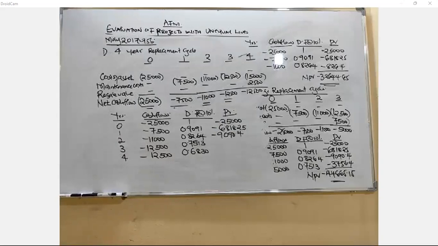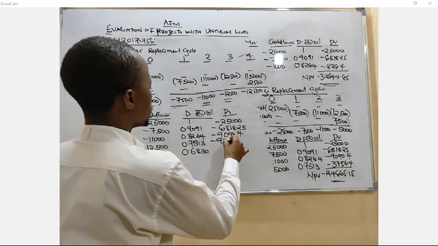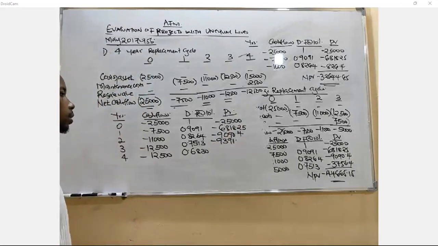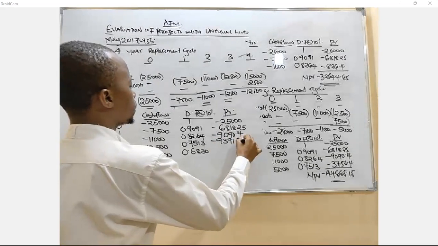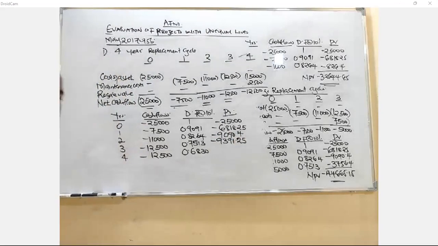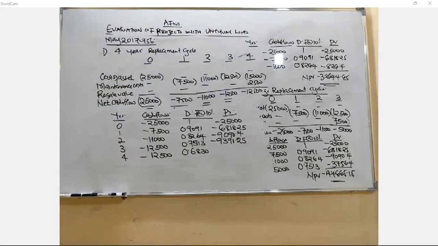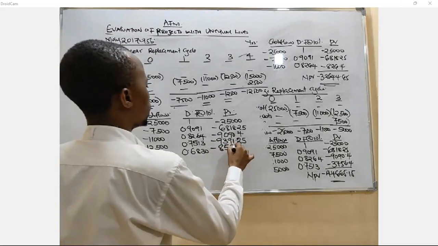Negative 9391.25. Then we have the last year. Negative what? 8537.67.